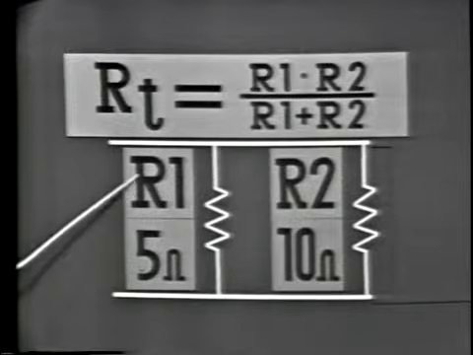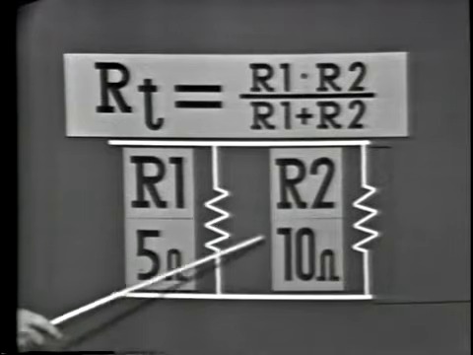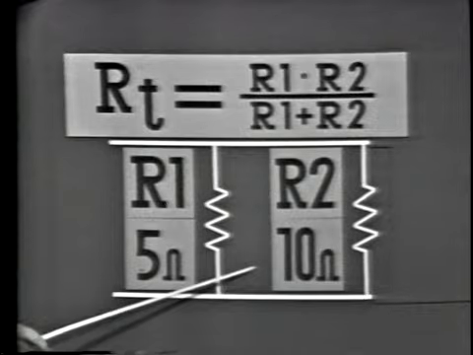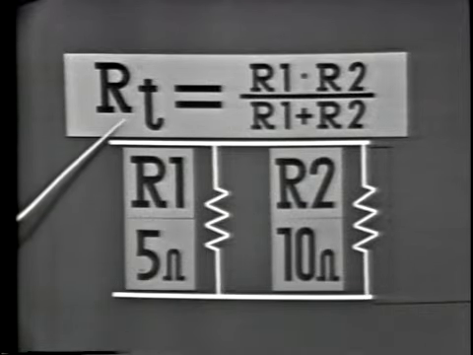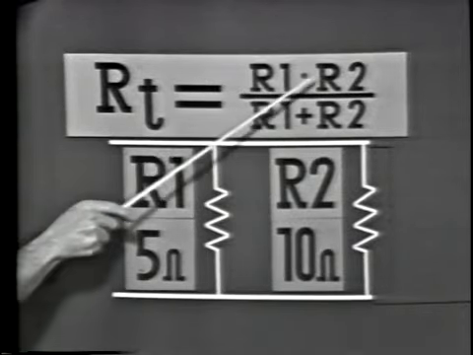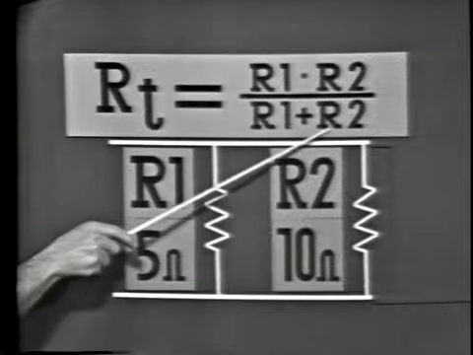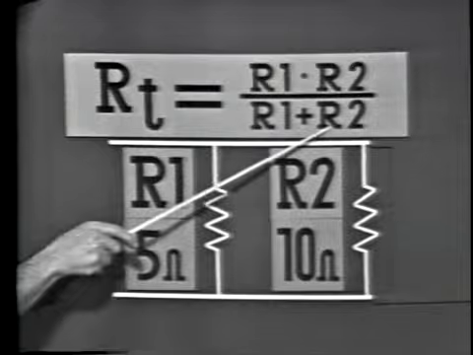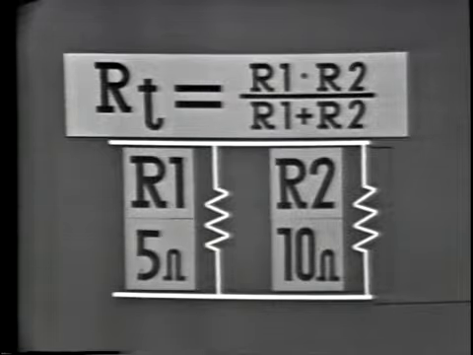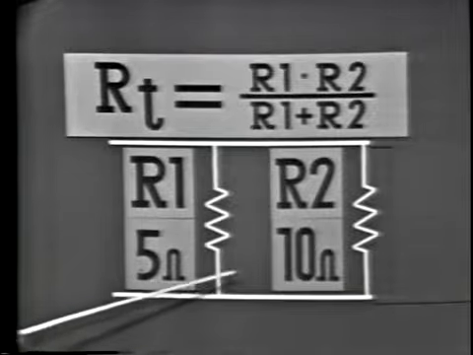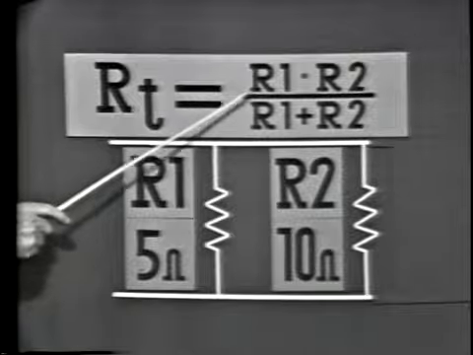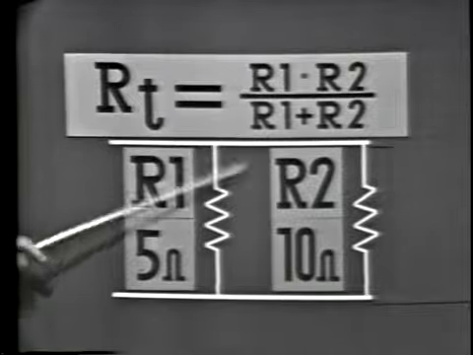In this case, we have R1 of 5 ohms, R2 of 10 ohms. The formula is the product of the 2 resistors divided by their sum. You shouldn't have any problems working this type of formula. Simply insert the values into the formula, get the product, divide it by the sum.